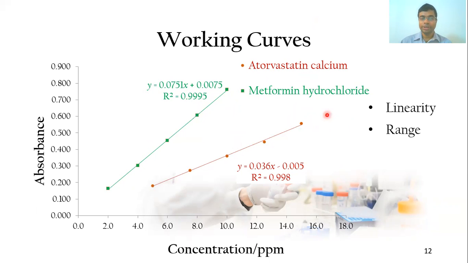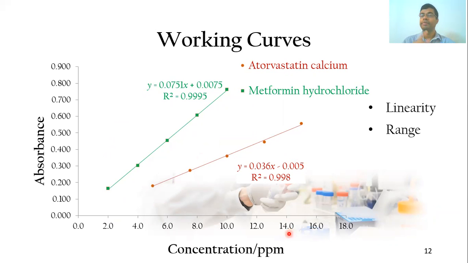So that means we are able to obtain a linear curve. And from this, not only the linearity, we can determine the range as well. We have a range from 2 ppm to 10 ppm in the case of MH. For AC, we have a concentration range from 5 ppm to 15 ppm.